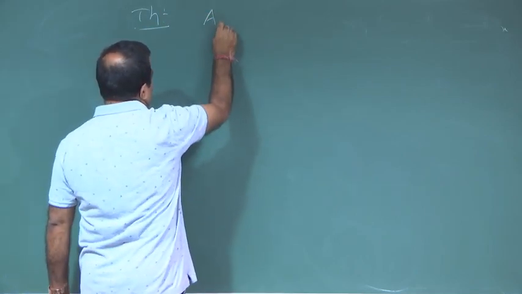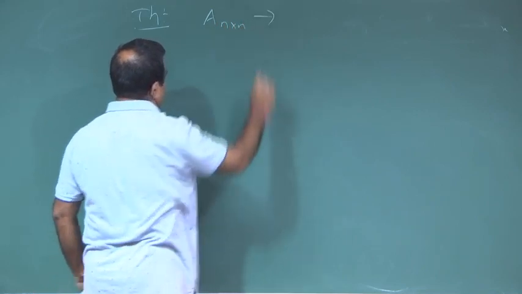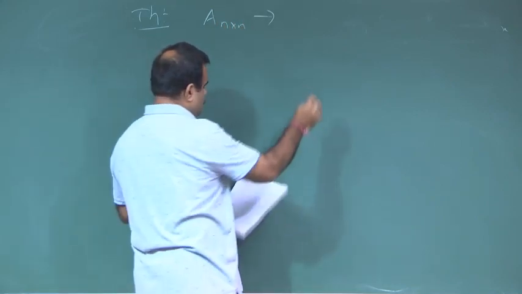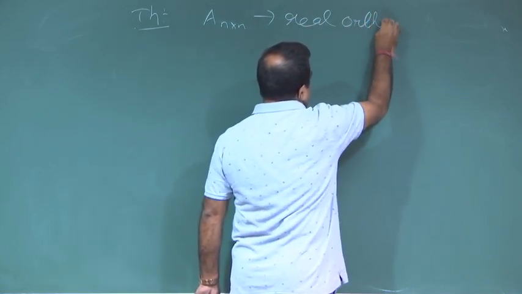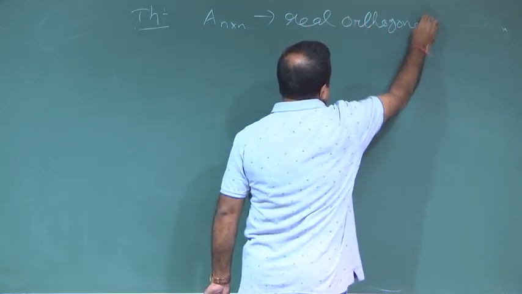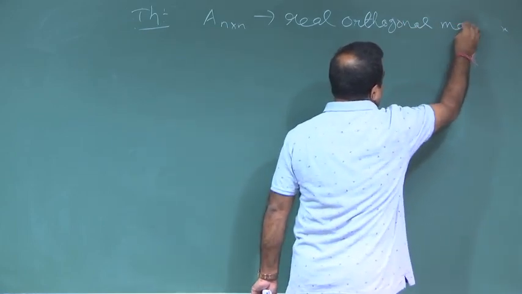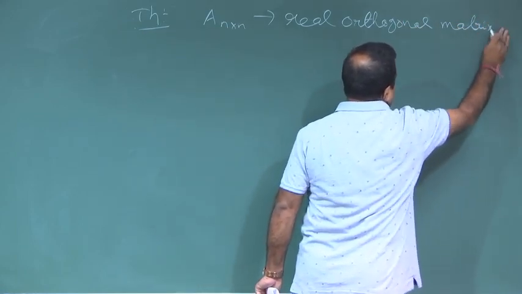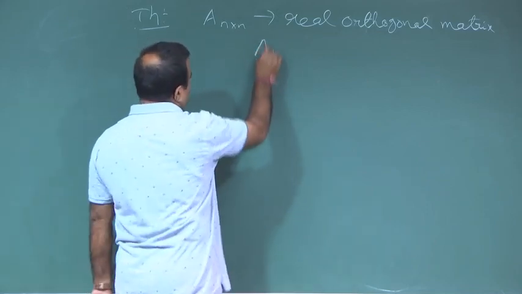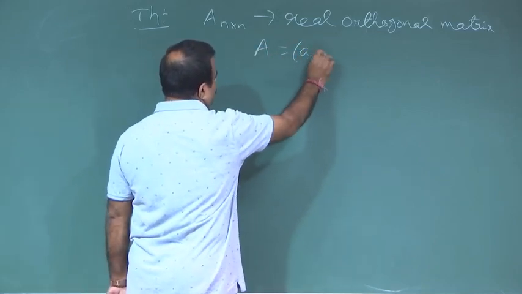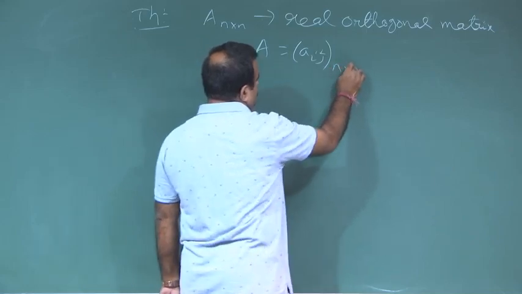So, A is a square matrix, a real orthogonal matrix. Real means all the elements are coming from the real field.